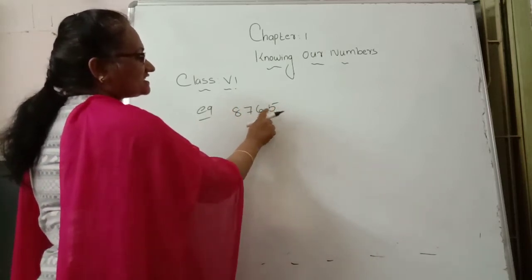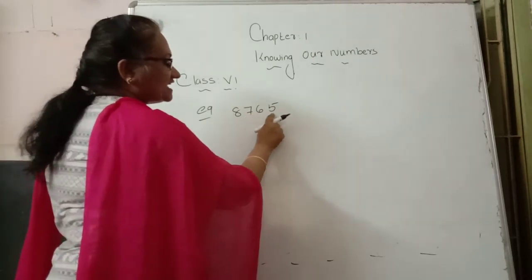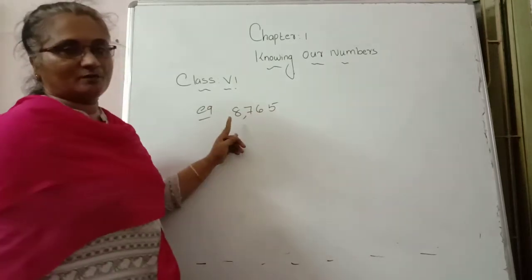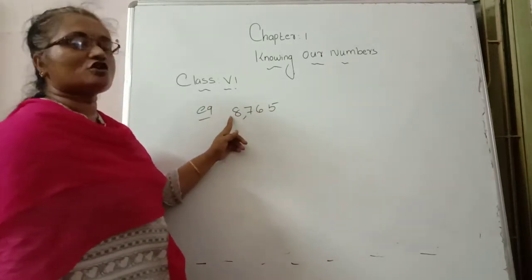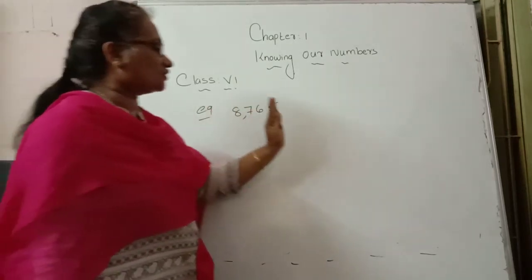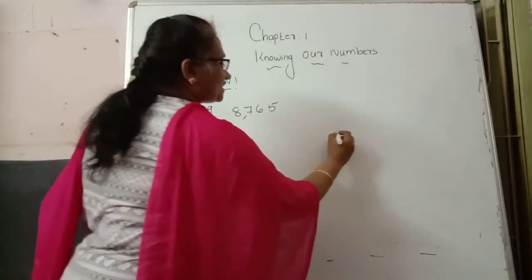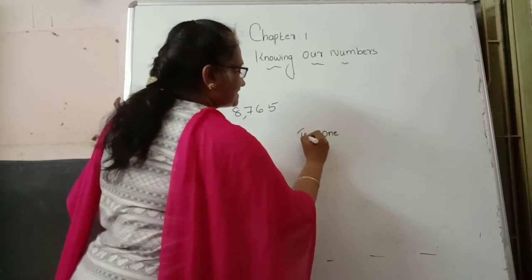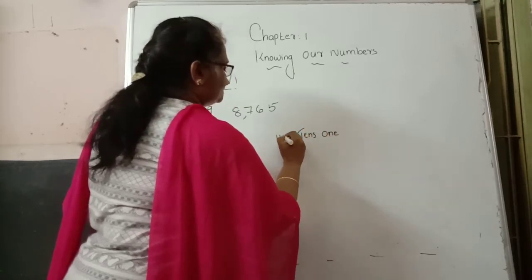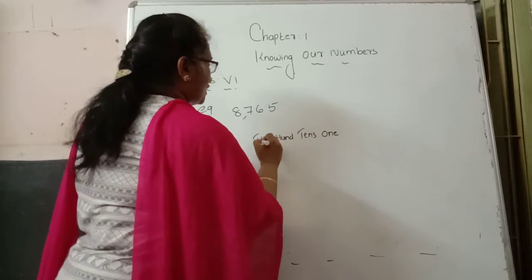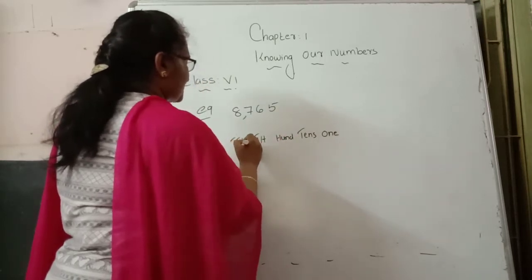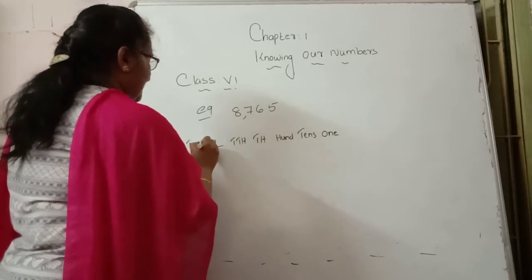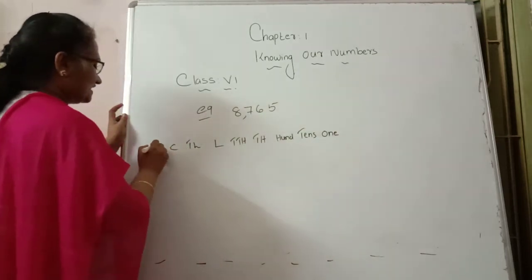So 1's, 10's, 100 are in one group. After this group we keep one comma. Then 8 belongs to which group? 1000. The order, when reading numbers, is 1's, 10's, 100, 1000, 10,000, then lakh, 10 lakh, crore, 10 crore.